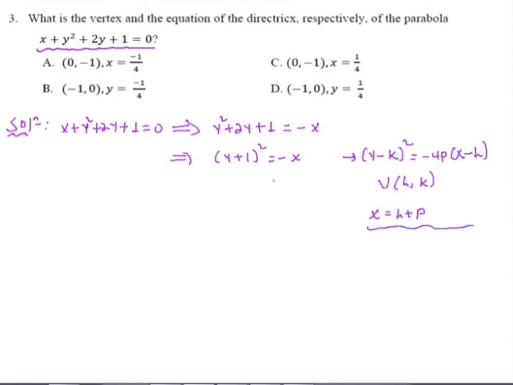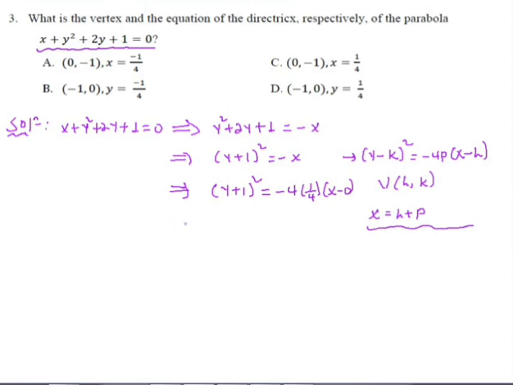So based on this equation of parabola, (y plus 1) the whole squared is equal to minus 4 times 1 over 4 times (x minus 0). Okay, you can make it in this form.